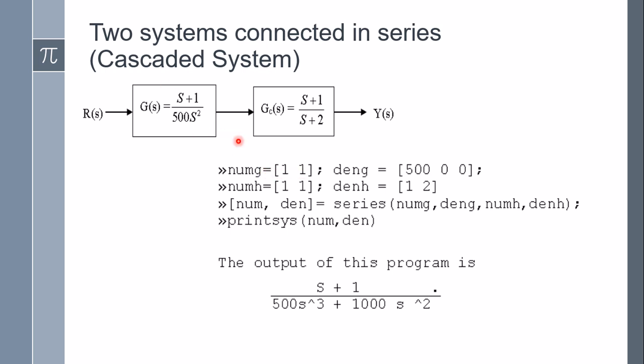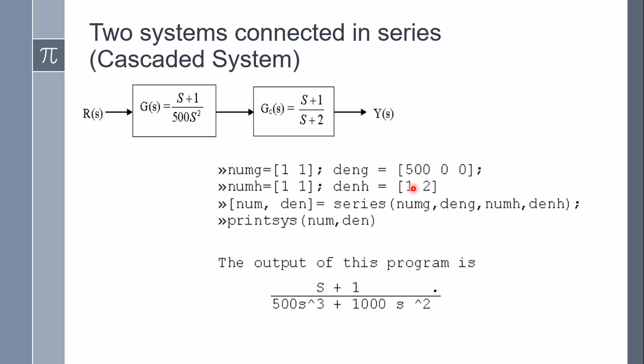Here the numerator of G of s is taken as 1, 1, considering the coefficients, and the denominator is 500 s square, with no term associated with s and no constant coefficient, so it is represented as 500 0 0. Coming to the second system Gc of s, in the numerator the coefficients are 1 and 1, and the denominator coefficients are 1 and 2. So the numerator of h is declared as 1 comma 1, and the denominator is defined as 1 and 2.